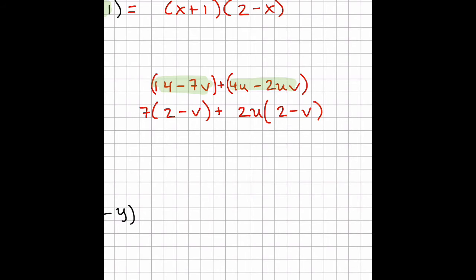Now we can see we have an expression that is a common factor. As we did up above, I can divide both terms, the 7 times the quantity 2 minus v plus 2u times the quantity 2 minus v, by the 2 minus v. I can undistribute that, and I'm left with 7 plus 2u. That would be my final answer.